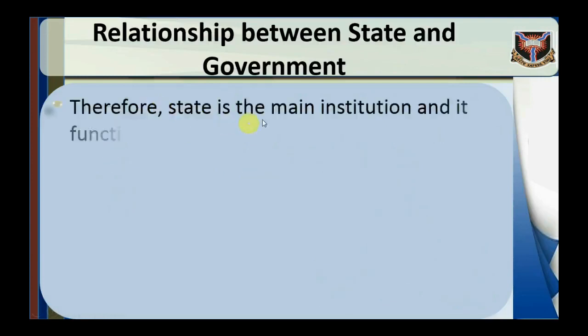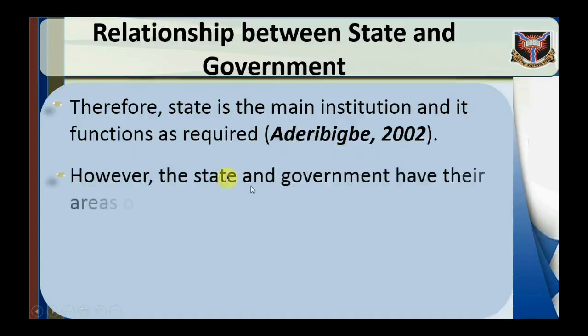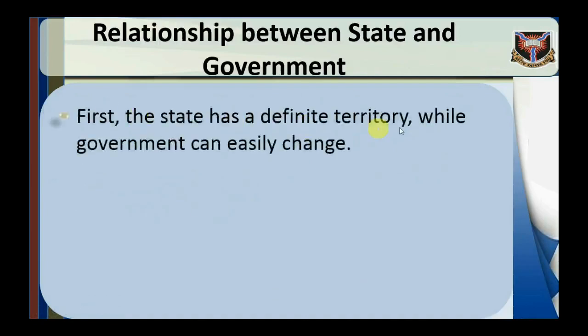Therefore, state is the main institution, and such functions as required of the state are carried out through government. Aderibigbe, 2002. However, state and government have their areas of differences. First, the state has a definite territory.